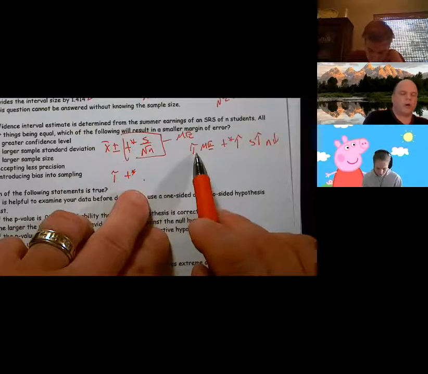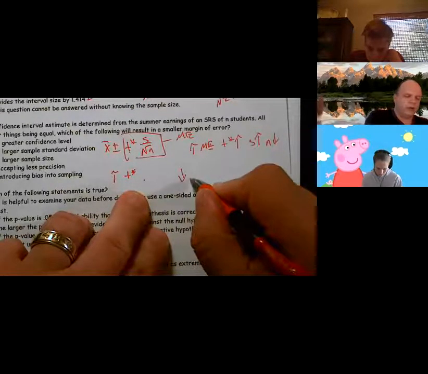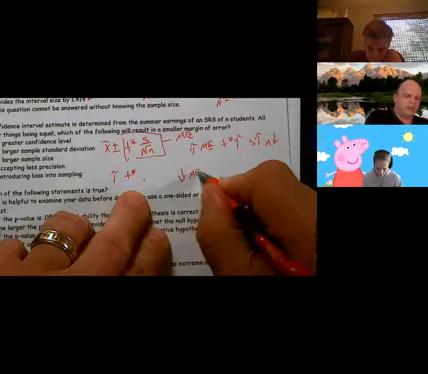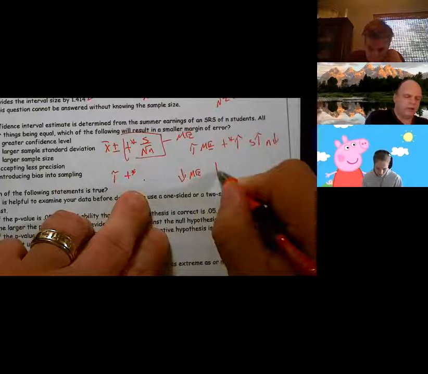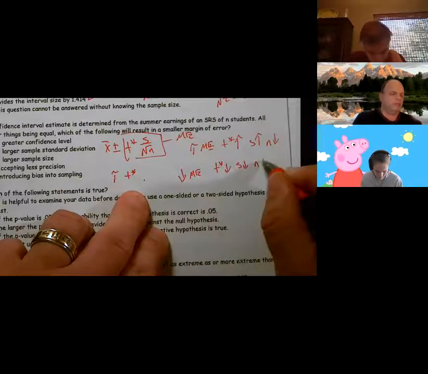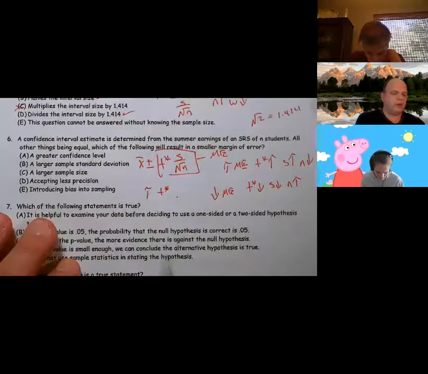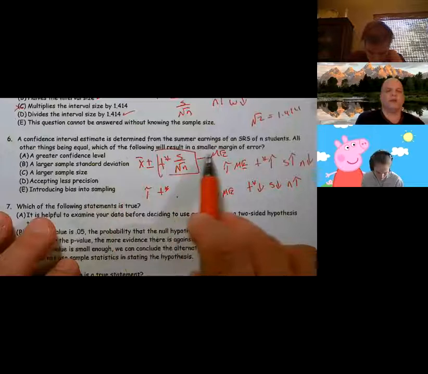So we want a smaller margin of error. So this needs to go down. That means t star would need to go down, s would need to go down, and n would need to go up. So, all other things being equal, which of the following will result in a smaller margin of error?